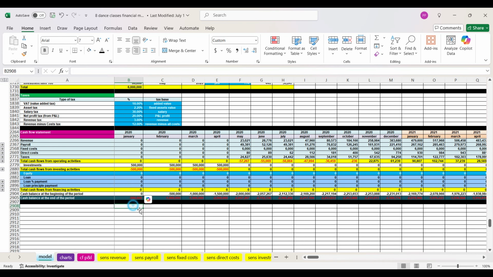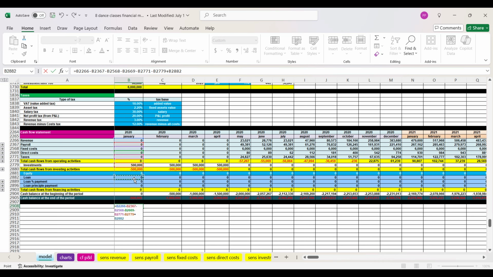So this means we need to create some formula. How much money do we need? What we are doing, we're taking the revenues minus payroll minus fixed costs minus direct costs minus taxes minus investment stage expenses. Then we are adding a loan minus interest payments for the loan minus principal payments for the loan.